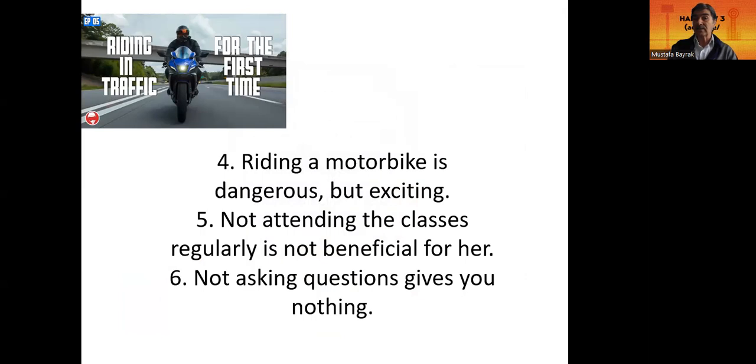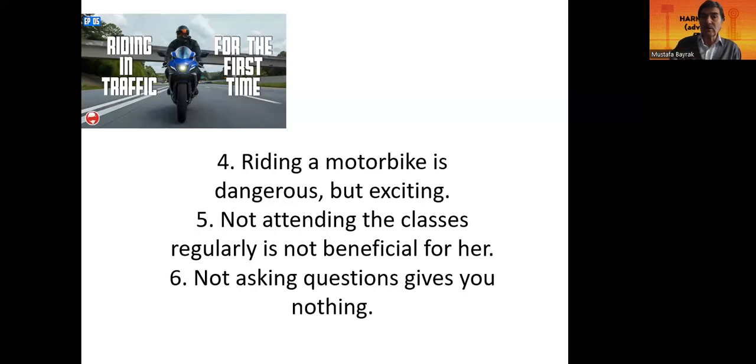5, not attending the classes regularly is not beneficial, useful for her. Of course, we can use it also like this in a negative format. Let's focus on this point again.